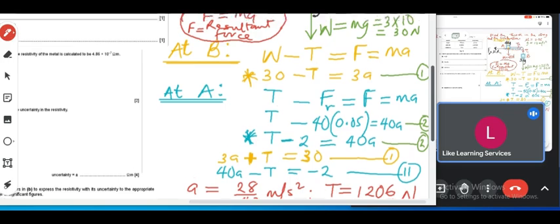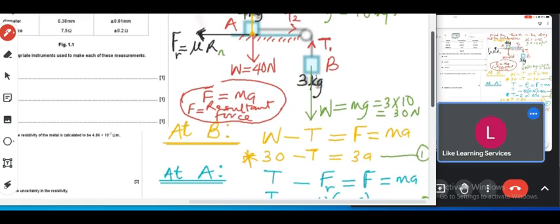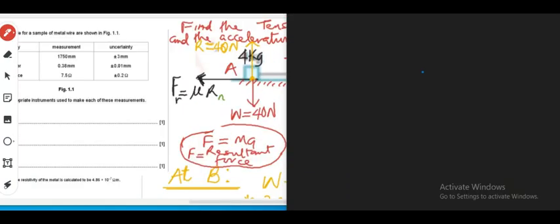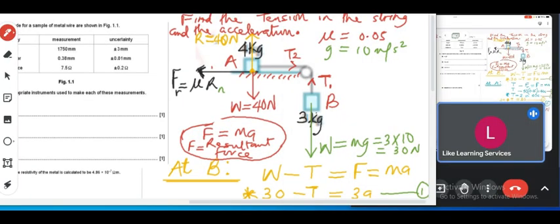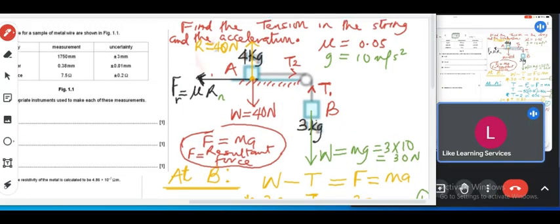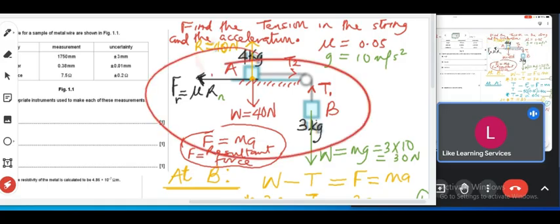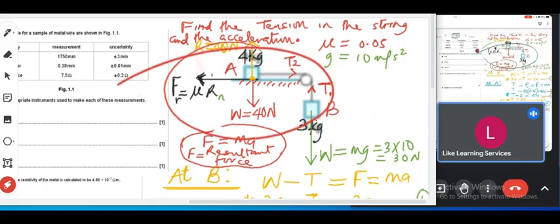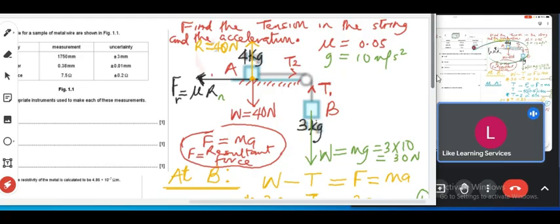That's one way to solve it, which most examiners prefer. But you can treat this whole thing as a unit. In fact, I recommend that. It will help you to quickly get A. Let me show you what I mean.